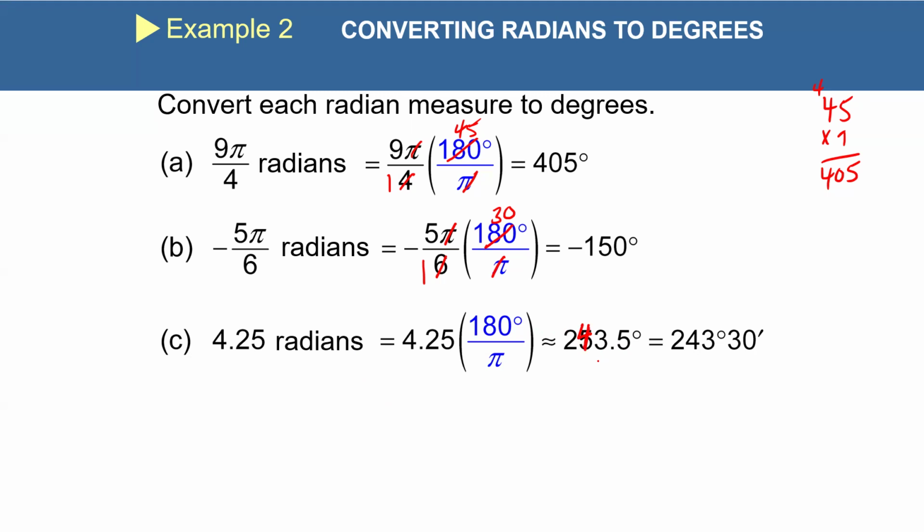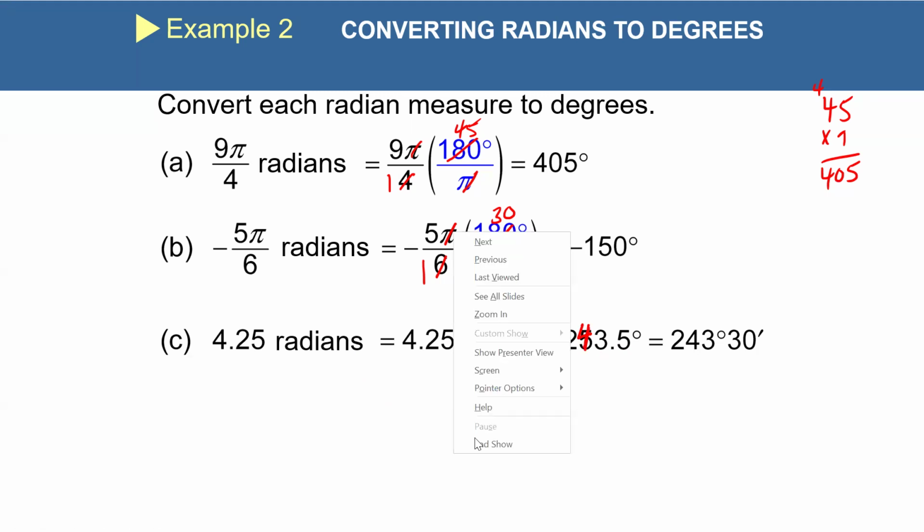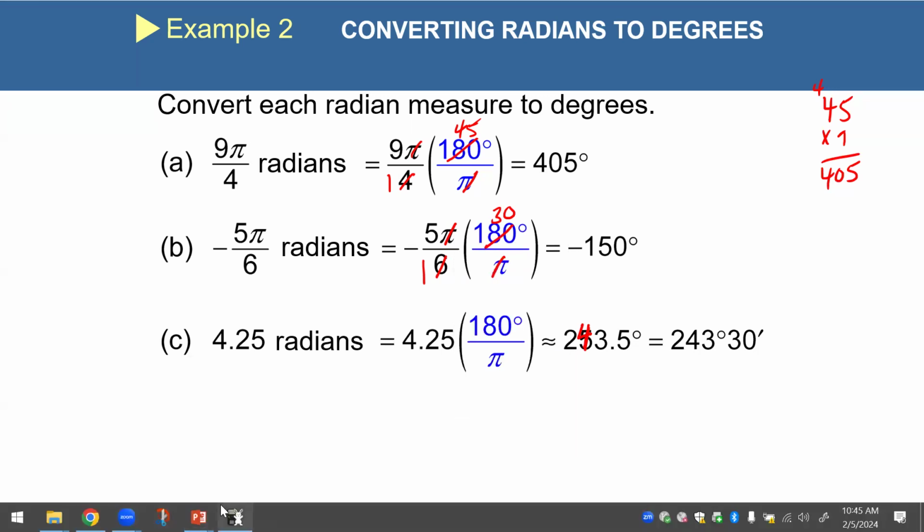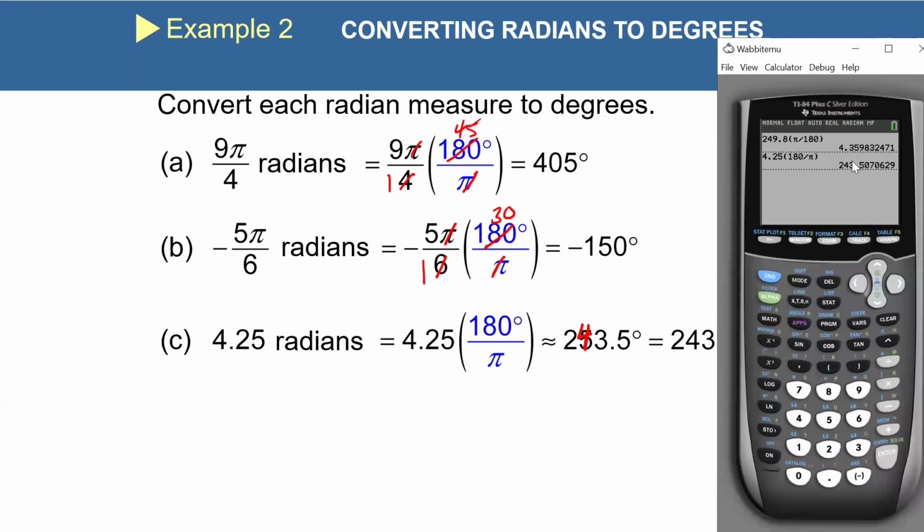You multiply. So if we wanted to go, you want me to go over minutes real quick? Okay. So if I needed to find the minutes, remember I'm going to subtract the whole number, so minus 243, and then multiply by 60. And so my minutes are 30.